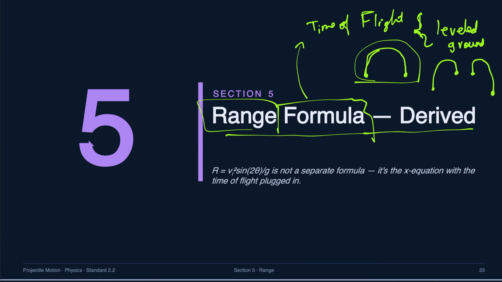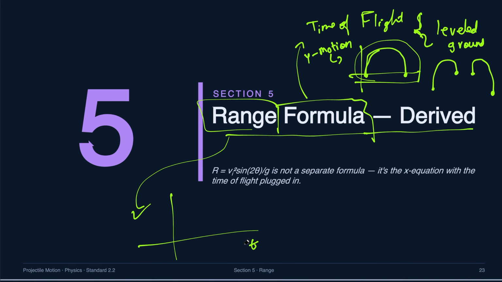Now, what even is range? Because time of flight is how long it stays in the air, right? But you have to remember that this graph is the y motion graph. What does the x motion graph look like? How am I traveling as a function of x? So if you look at time and then x distance, not y distance, then we know that this formula works: xf is equal to xi plus vxt.